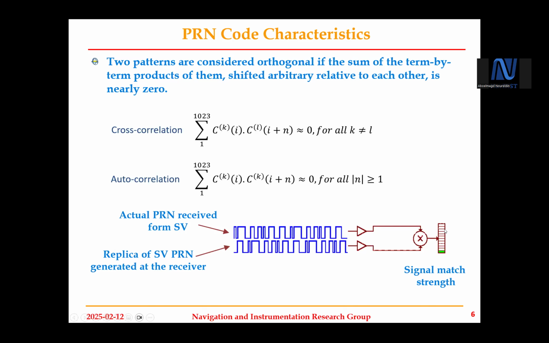They only give a peak when they are totally aligned. And when they are shifted by even 1 bit, this n could be 1 bit, for example, or 2 or 3 or 4, we will always get a very small amount. That means if they are shifted in time, they will be totally different. But once they are on top of each other, we'll get a peak.